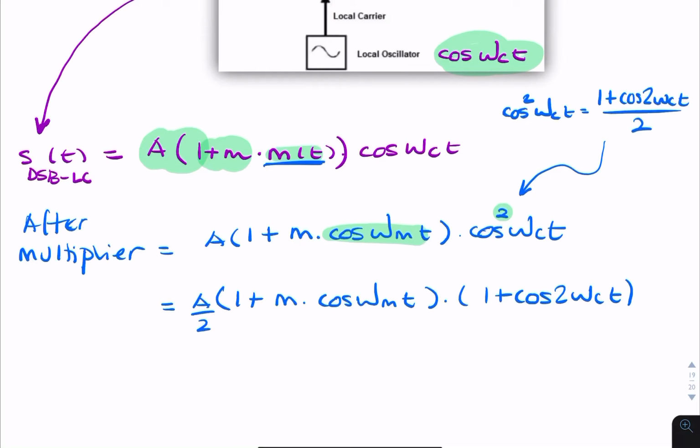Now, if you multiply out, you're going to have at least 3 terms. You're going to have your DC term, so that's just A over 2.